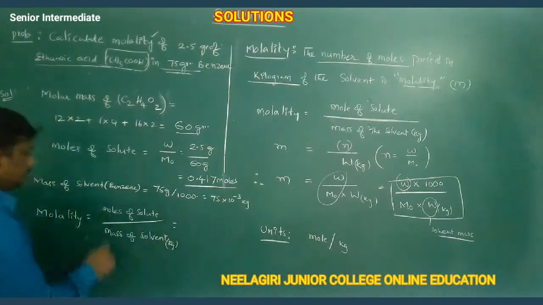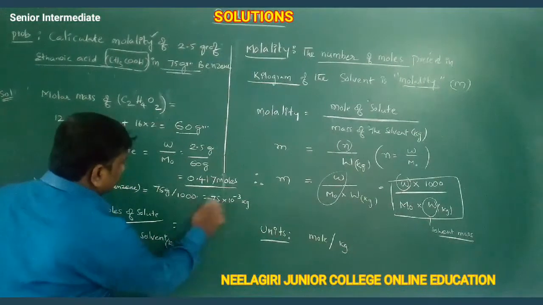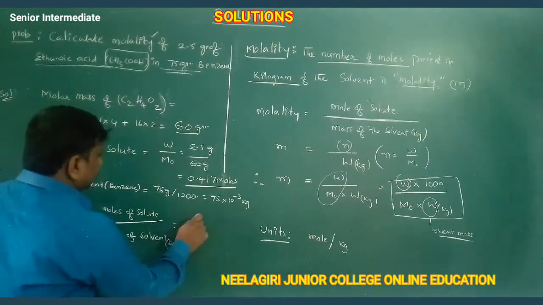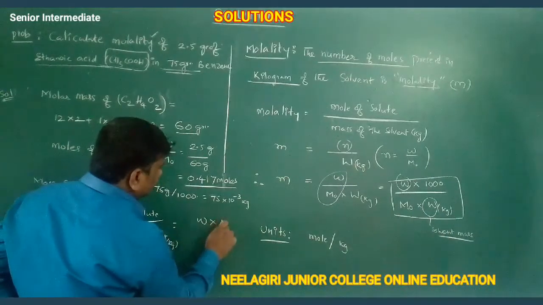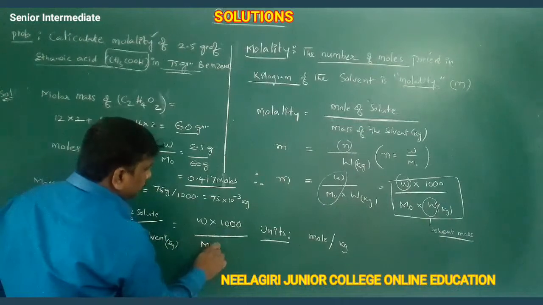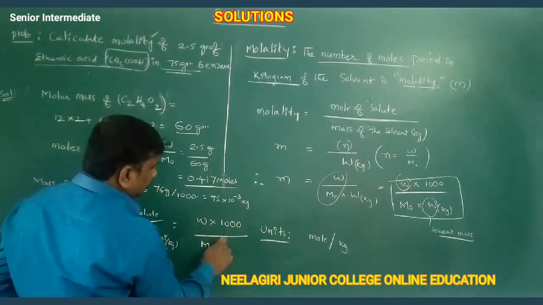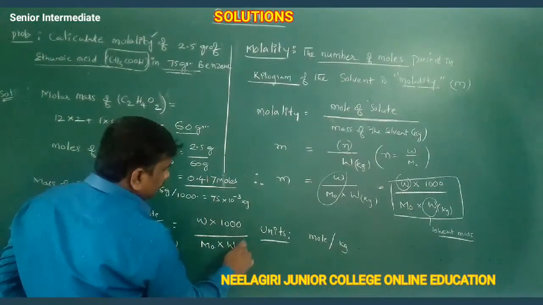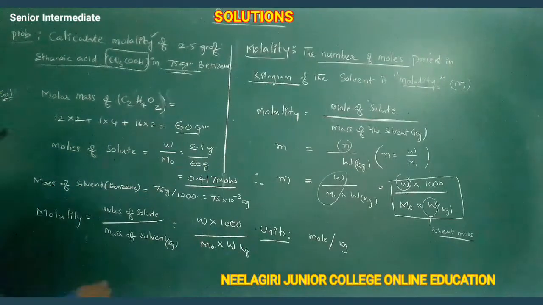So that is equal to moles of solute, how much it is? What is the formula? W into 1000 by molar mass into mass of the solvent.